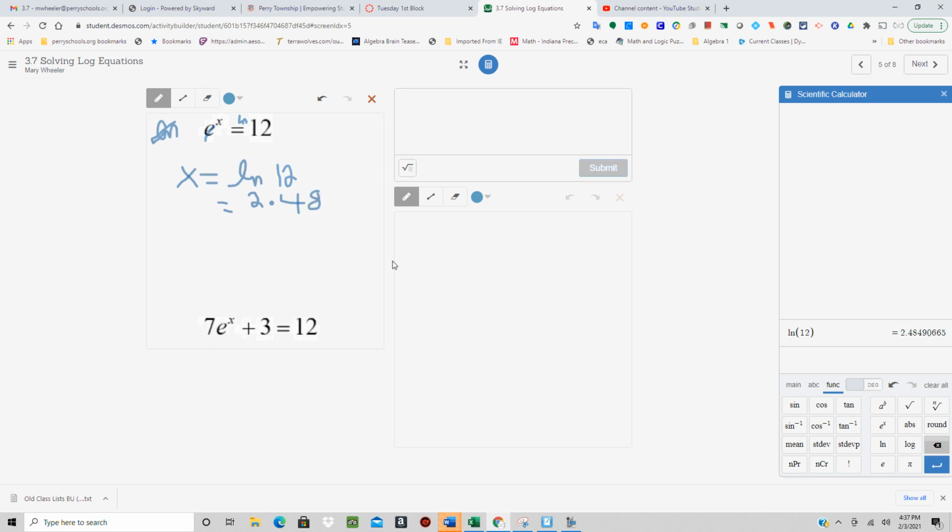On the bottom one, subtract 3. Divide by 7. My handwriting's not good today. Take the natural log of both sides.